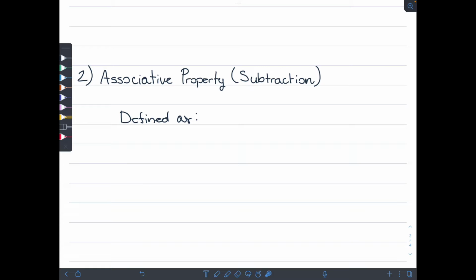Associative property for subtraction. The associative property for subtraction is defined as, parentheses, a minus b, minus c, equal to a minus, parentheses, b minus c. Looks familiar to the associative property for addition, doesn't it?